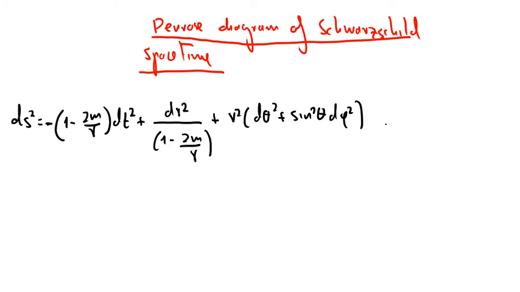These are the so-called Schwarzschild coordinates, and we see that these coordinates are already adapted to the spherical symmetry. The only thing which we have to bear in mind is that these coordinates, as the metric is written, represent two separate space-times. Maybe you can also speak about two separate regions, which are given by these conditions.